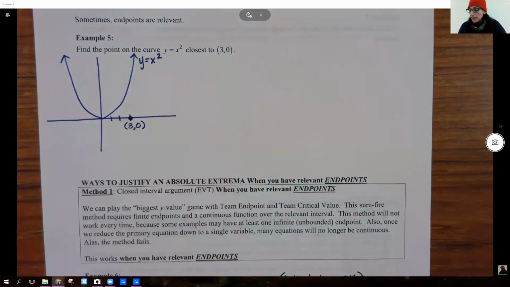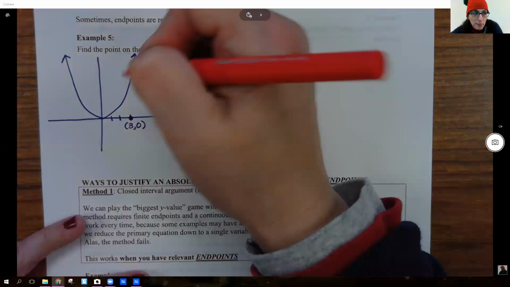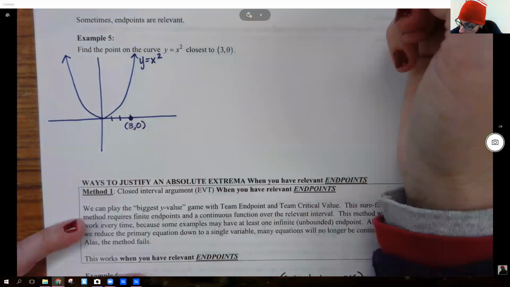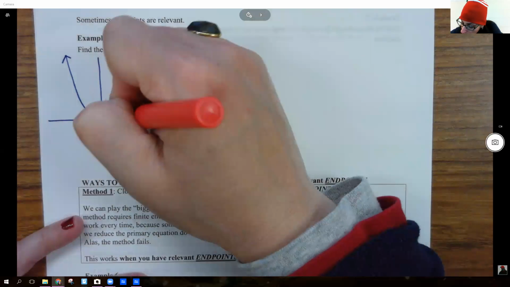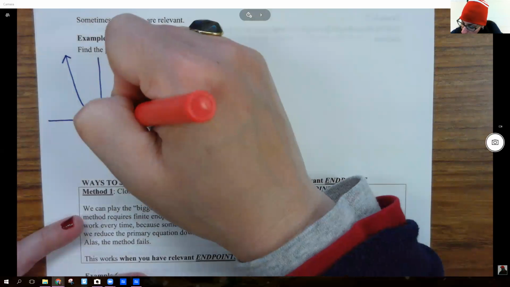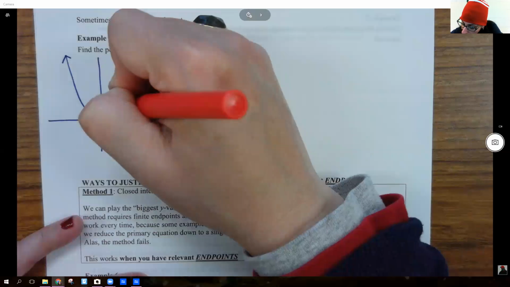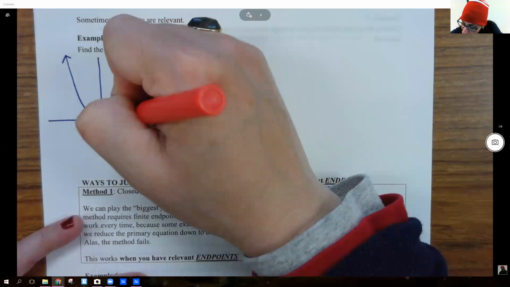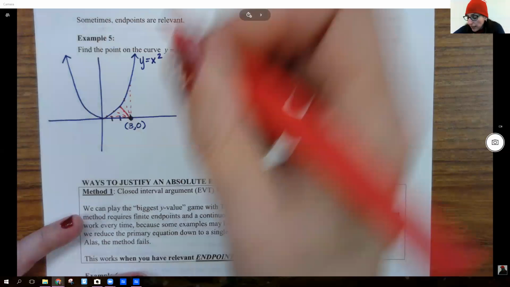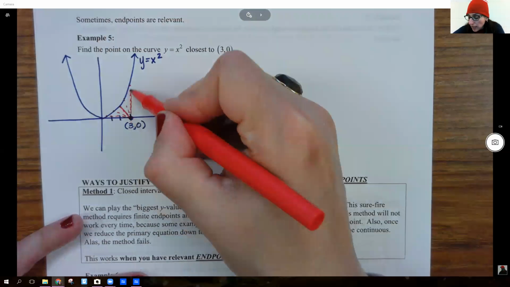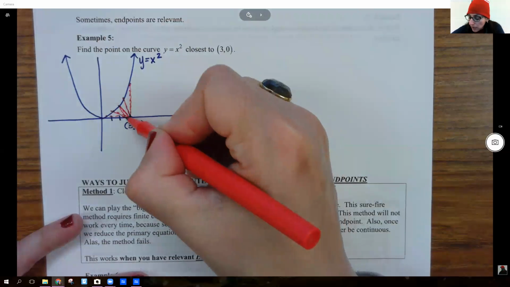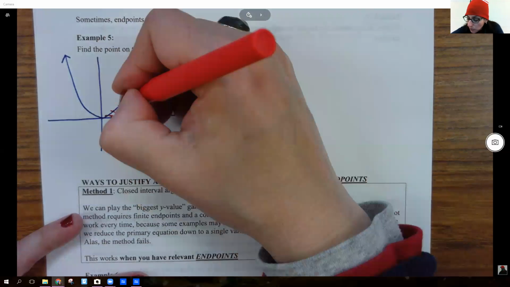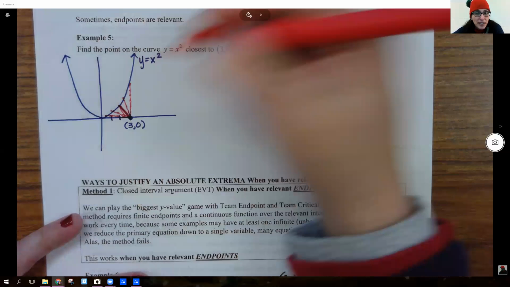So what point is going to be closest? Well, you might be able to visualize it. It's obviously not going to be this point, maybe not this one, probably something like straight on, right? That would probably be the shortest distance. All the other dashed lines that I would try to draw to the parabola are going to be a little bit longer than this one right here, right?